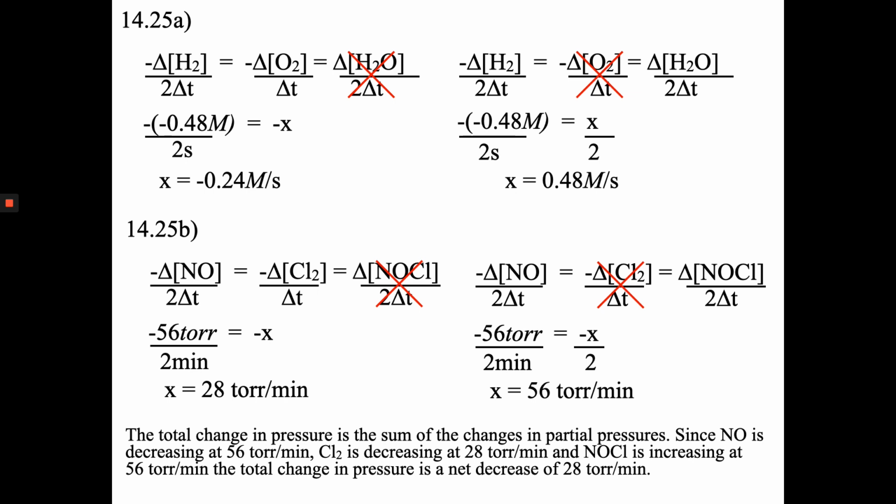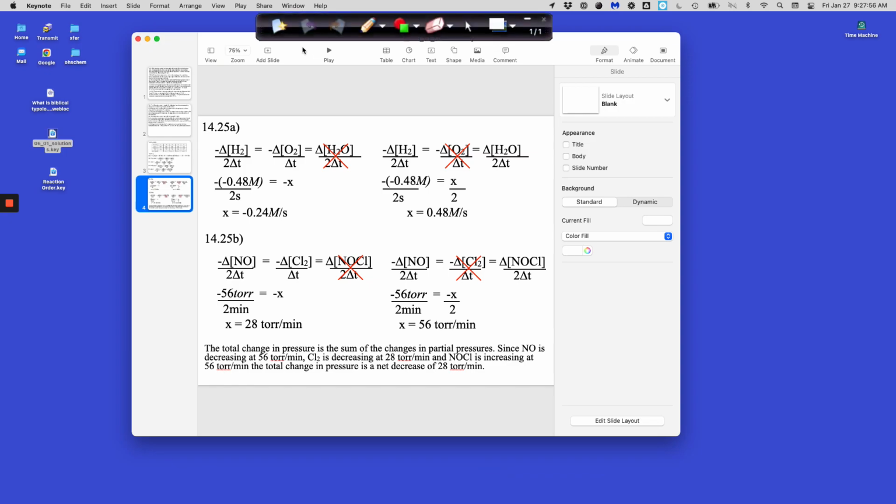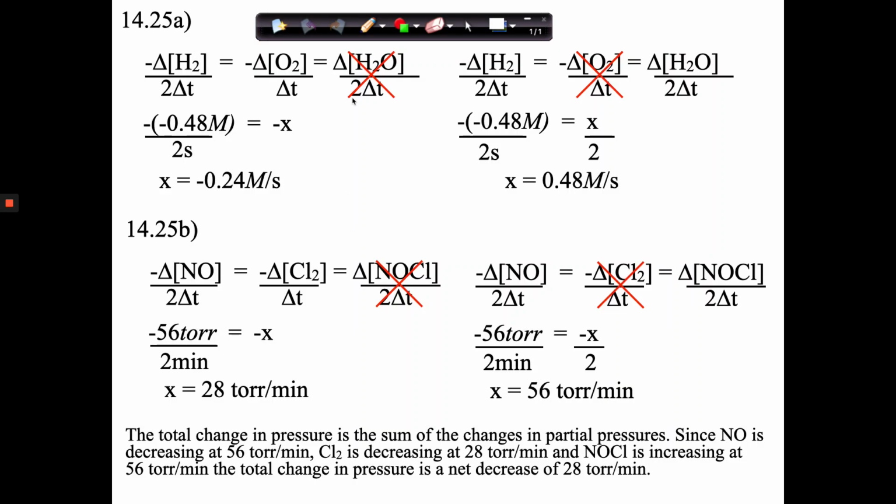Yeah, right. So I don't have my writing utensils, but let's do this. And if this doesn't work well enough, we can go back to my slides from last time, and maybe that'll help. So for example, let's look at 25A, where we've got 2H2 plus O2 yields 2H2O.